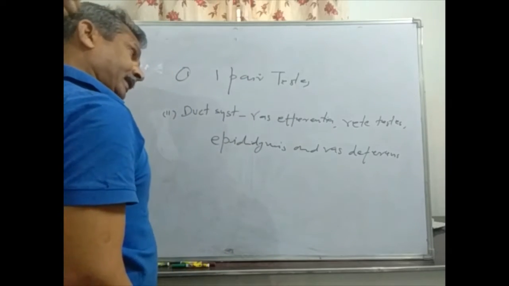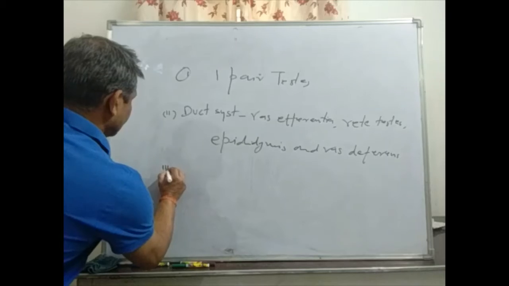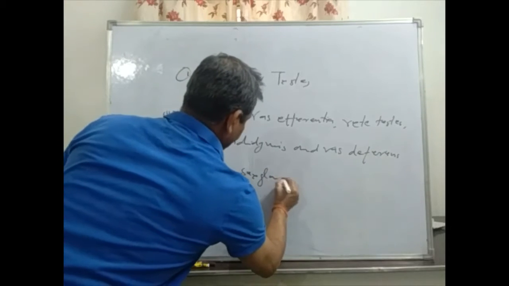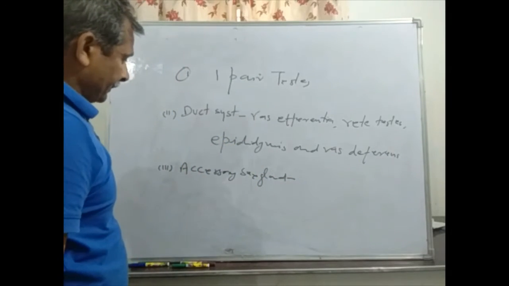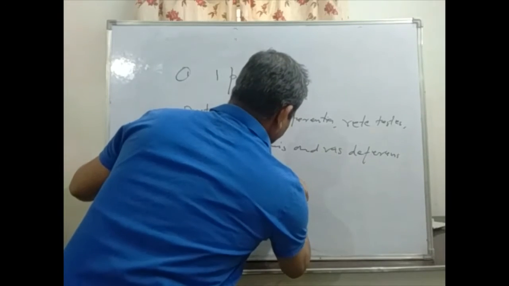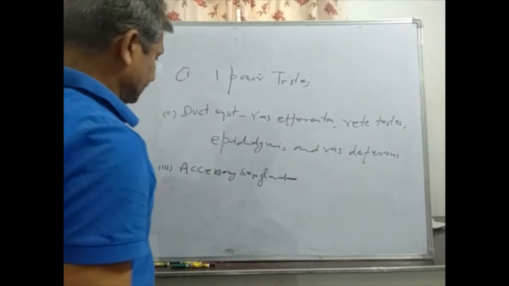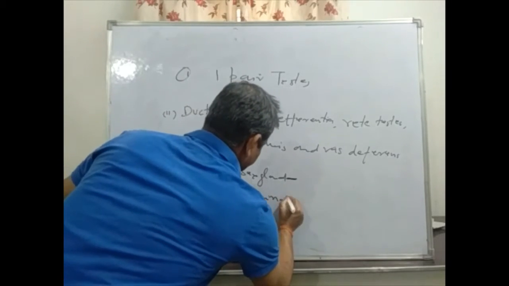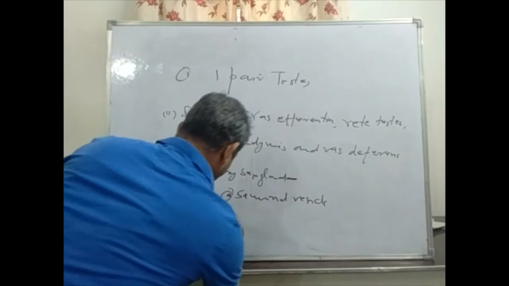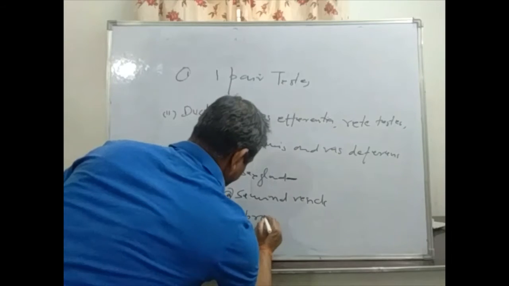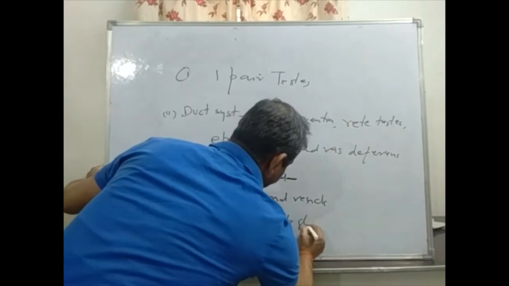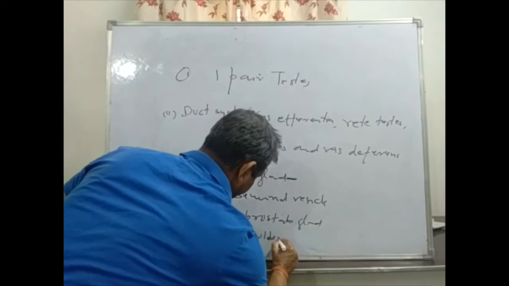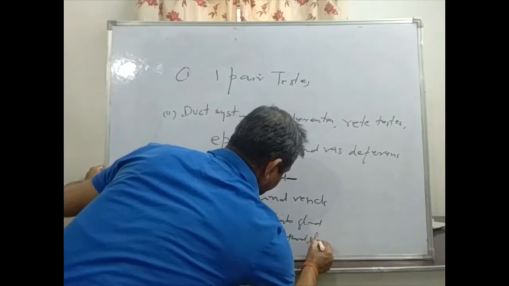Other structures are also called accessory sex glands. There are three glands that help in sperm production and in the process of reproduction: the seminal vesicle, second the prostate gland, and third the bulbourethral gland.